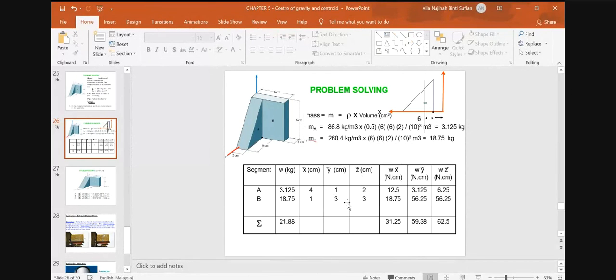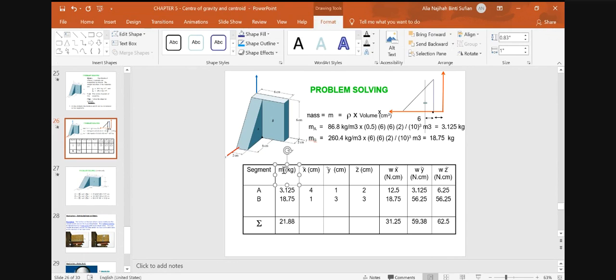Now everybody else, any questions? Okay, if you don't have any more questions, the details here, the values here are all correct. We get the summation of m in kilogram, 21.88 kilogram. The x bar for each segment is given here, the y bar and the z bar.